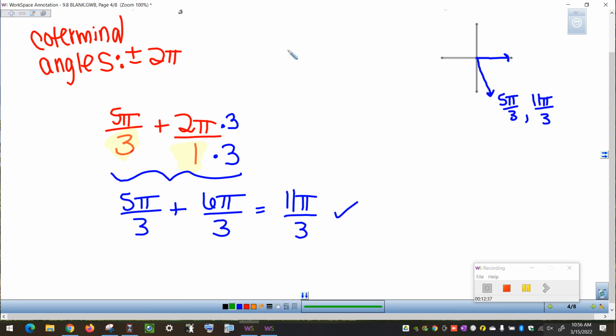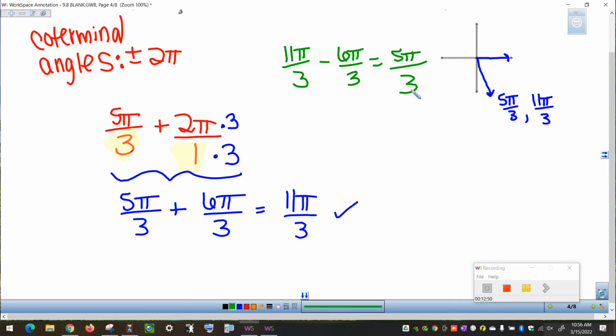Now, we could have also gone the opposite direction. If you started with 11 pi over 3, you could subtract 2 pi, which is really 6 pi over 3 in this case. Subtract across the numerators, keep your denominator the same, and you're going to end up back at 5 pi over 3.